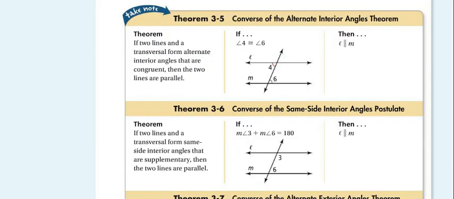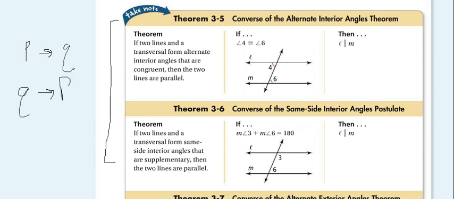Alright, and then we have the converse of the alternate interior angles theorem, and the converse of the same side interior angles theorem. Again, you're going to write this. All we're doing is taking our theorems that we had before and switching them, making the converse statement. So in this case, if two lines and a transversal form alternate interior angles that are congruent, then the two lines are parallel.